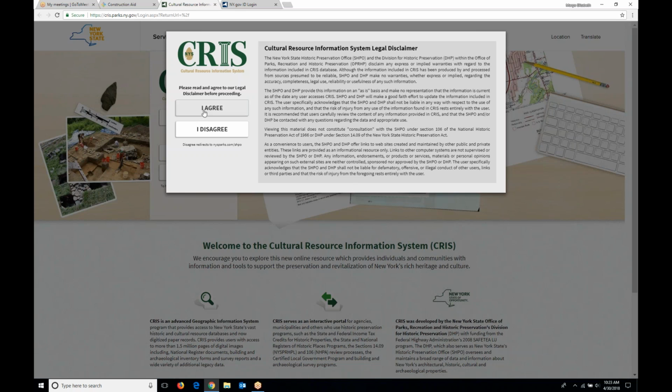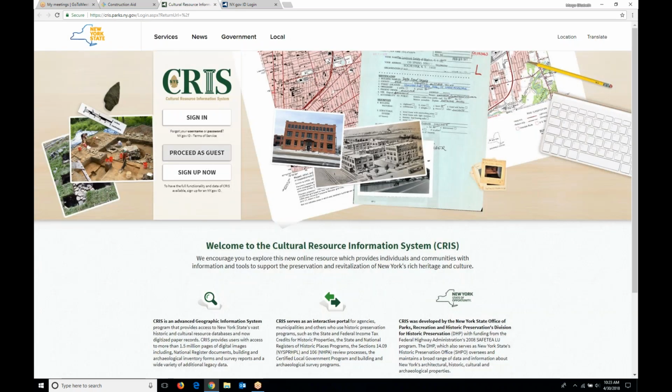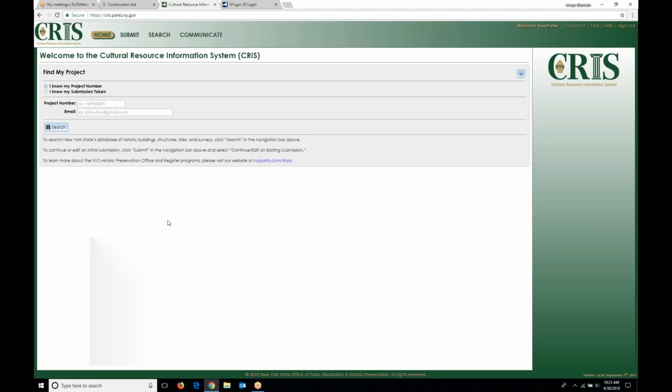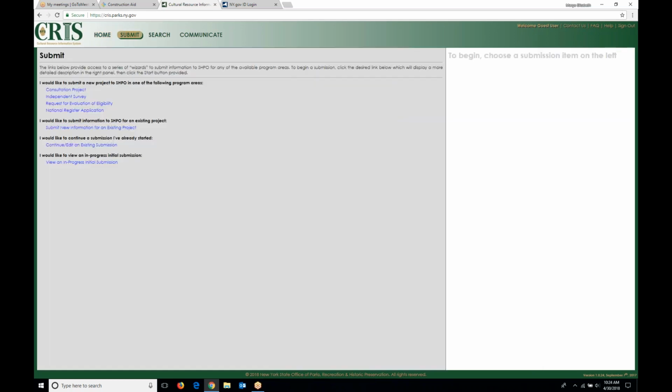Do you have to say, I agree? Proceed as guest. And then once you're here, it looks like you should use this part of the screen. You actually simply go up here and say, submit. Because what you actually want to do in the CRIS system is submit a new project.